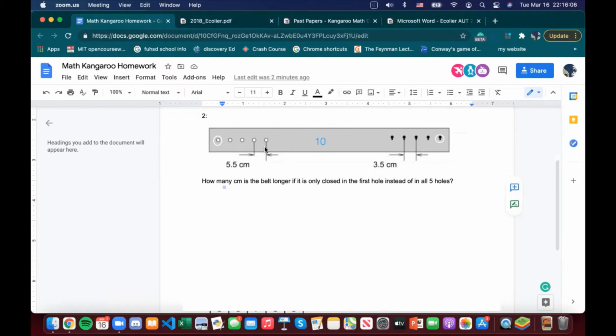We have 4 increments of 5.5, so 5.5 times 4 is equal to 22. We also have 4 parts of 3.5 over here, and 3.5 times 4 is equal to 14. So the total length, if it is only closed in the first hole, is 22 plus 14 plus 10, and that would equal 46.